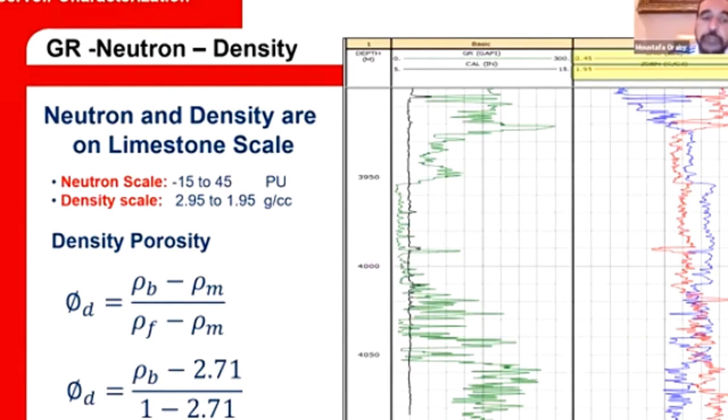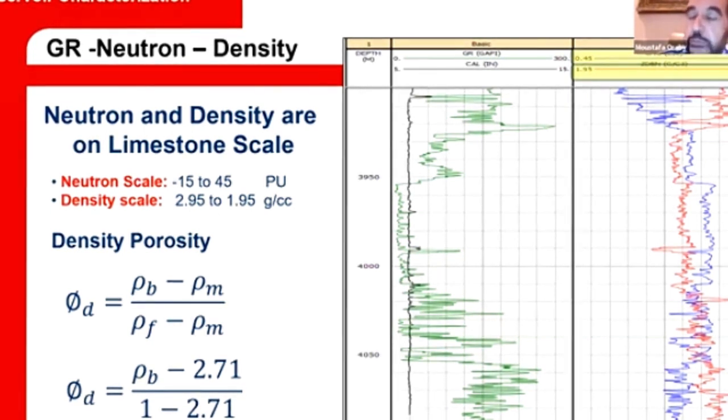So density porosity is rho bulk minus 2.71 divided by 1 minus 2.71. So when you calculate density porosity, don't go and look for the lithology of this zone. Don't do that, and I'll prove this to you in a few minutes. You have to use 2.71 because you plotted the neutron and the density on the same scale.